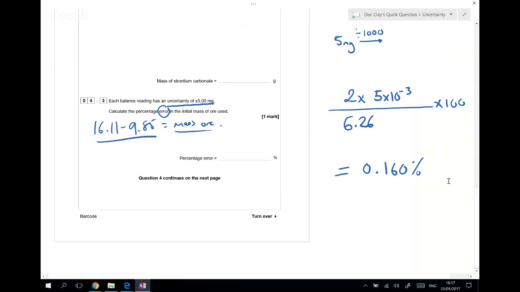Okay, so that here is where we're observing a measurement from 2 readings.